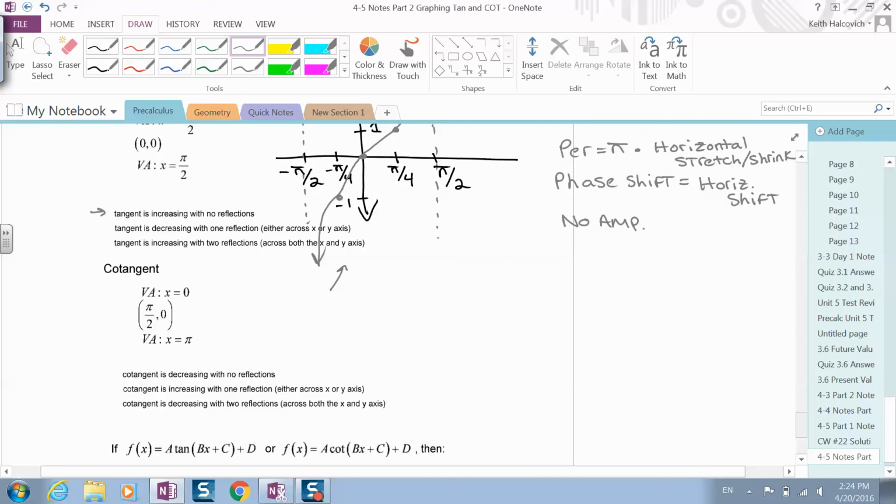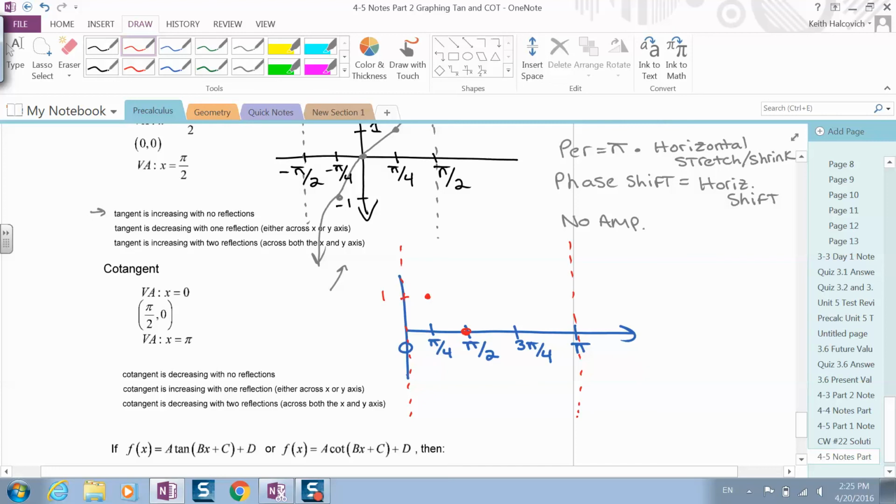For cotangent, when you graph it, it's going to be between 0 and pi. And once again, there's going to be asymptotes at the beginning and at the end. The cotangent of pi over 2 is 0. The cotangent of pi over 4 is 1.